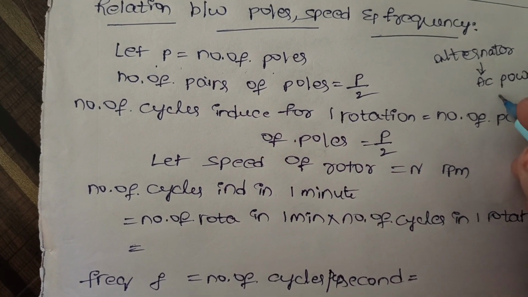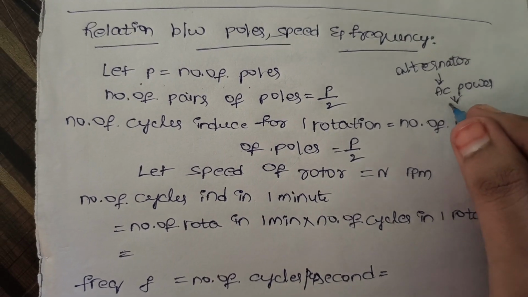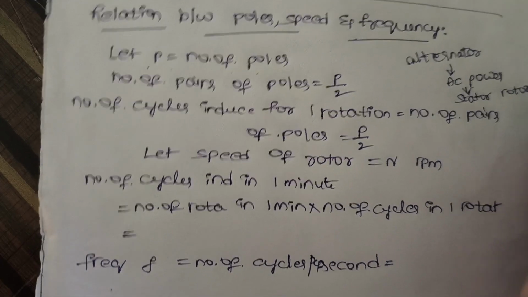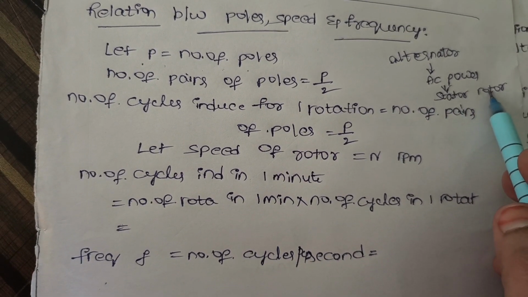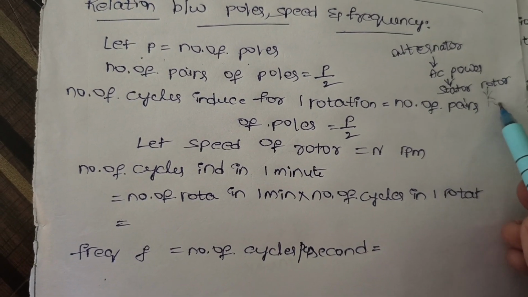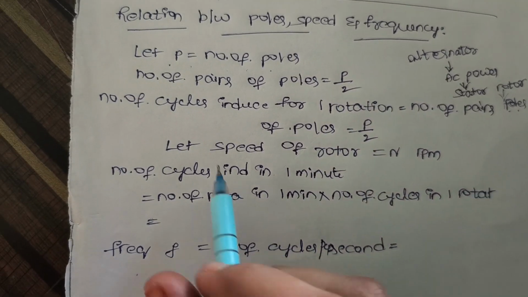In the alternator there are two parts: one is the stator and another one is the rotor. The stator is the stationary part, the rotor is the rotating part. In this rotating part there are poles, which are pairs of poles.